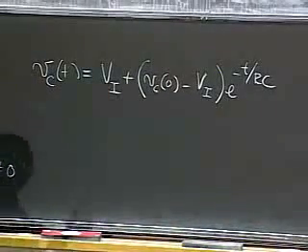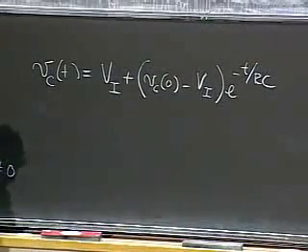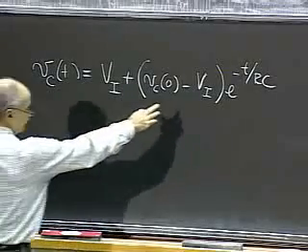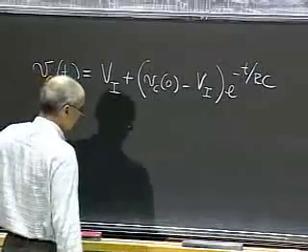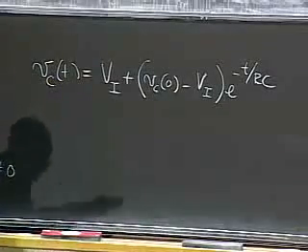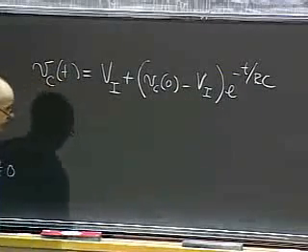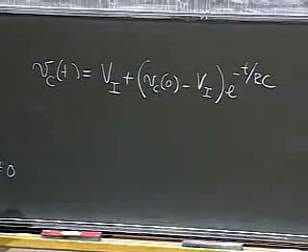This is our standard equation, and it's either a rising exponential if Vi is larger than Vc, or a decaying exponential if Vi is a smaller value than Vc.